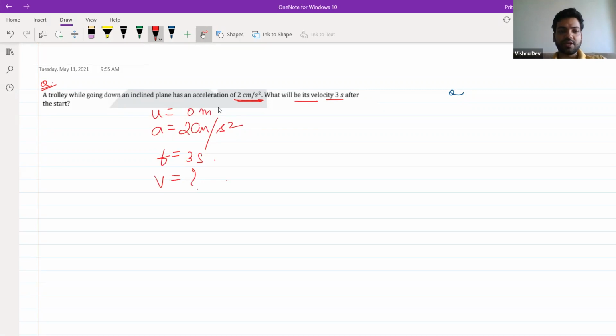Yes, because it's saying after the start. That means initially it has started. So yes, we'll use V equals U plus AT. Very simple. We'll just put the values of U as 0, A is 2, T is 3. So yes, it will be 6 centimeters per second.